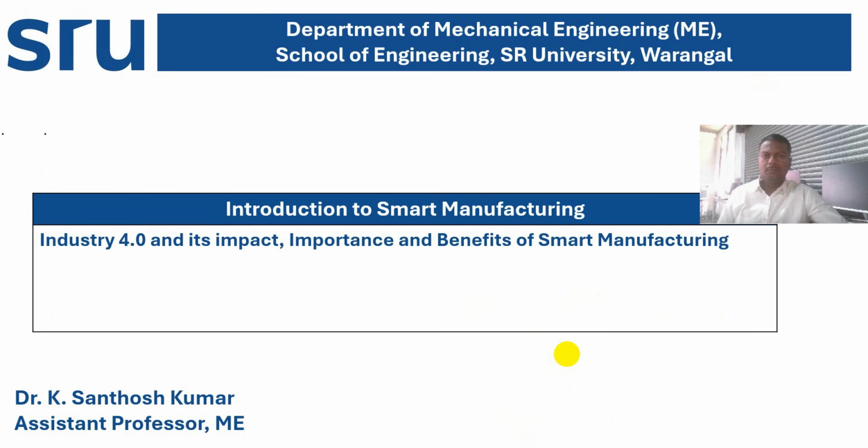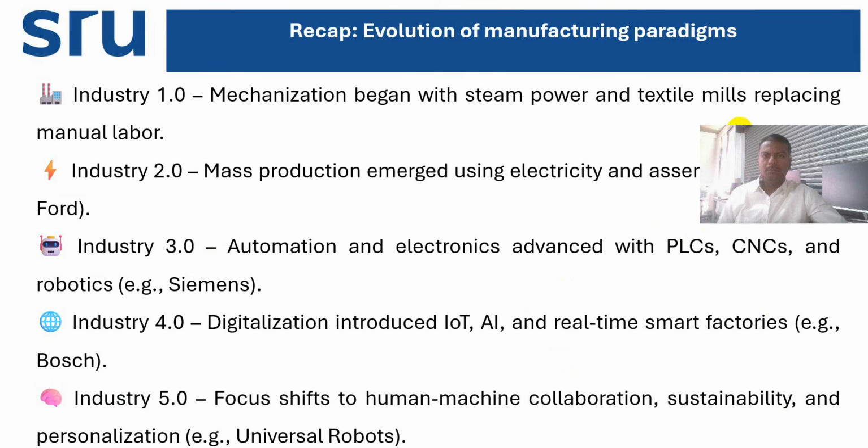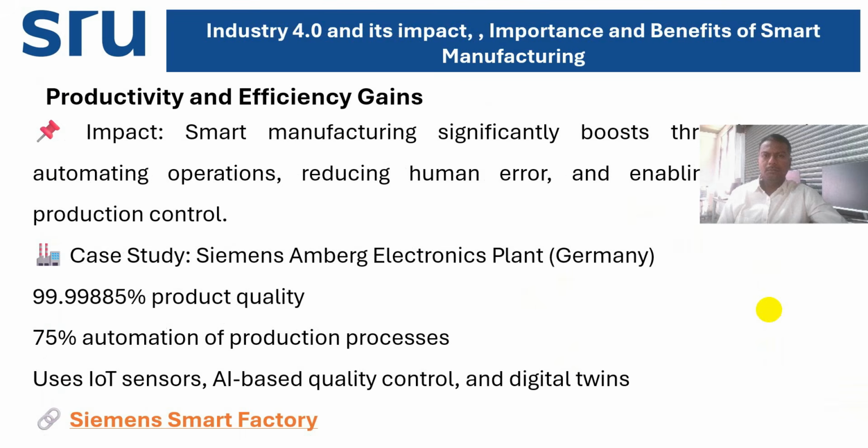So, continuing this topic, we can also observe the impact of Industry 4.0 and its benefits in smart manufacturing. This is just a recap of what was already discussed. The impact is that it significantly boosts automation in operations, reduces human error, and enables real-time production control systems.